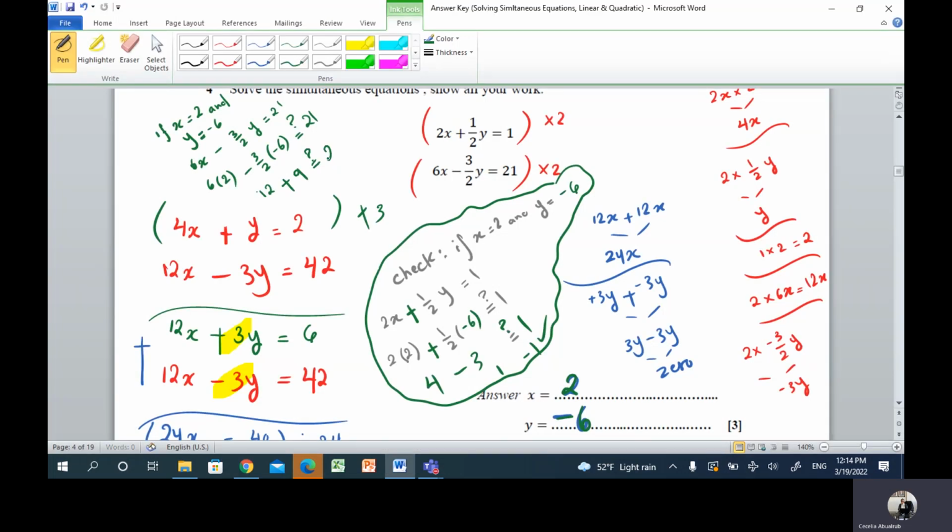Is it equal to 21? So 12 plus 9 is actually equal to 21. So that proves that the values of x and y that we found are correct.